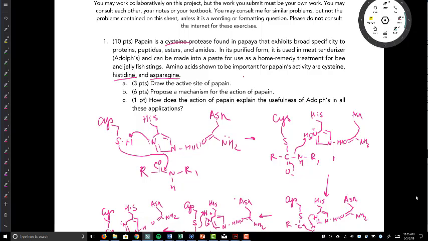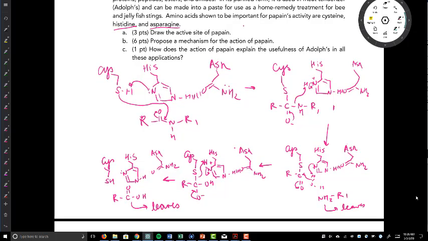Some of you had asparagine or histidine act as a nucleophile, and histidine won't act as a nucleophile in this case. You can't see it very well drawn out, but those R groups contain bulky side chains. So you wouldn't be able to have a relatively large ring like histidine attacking that electrophilic carbon. You would really need cysteine there.